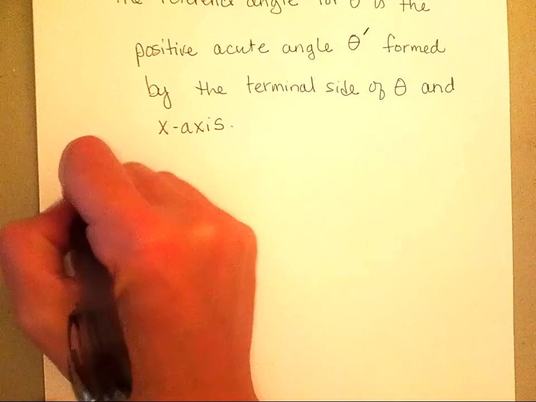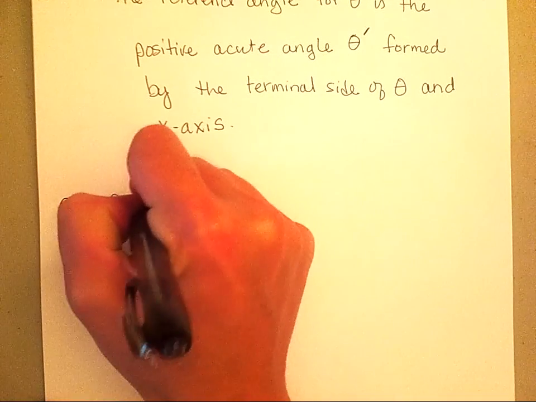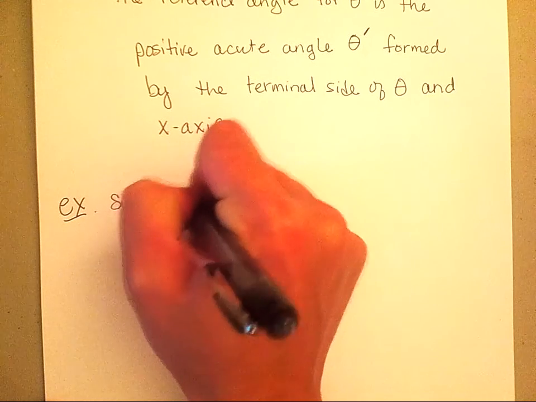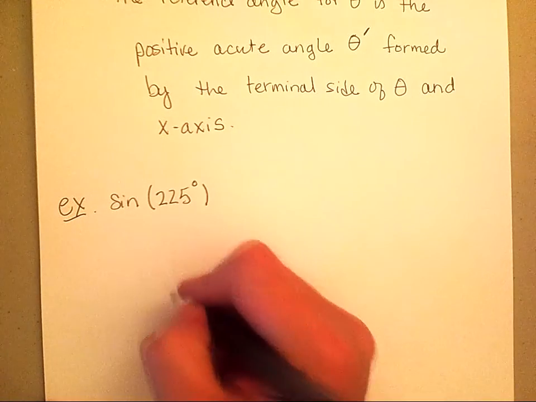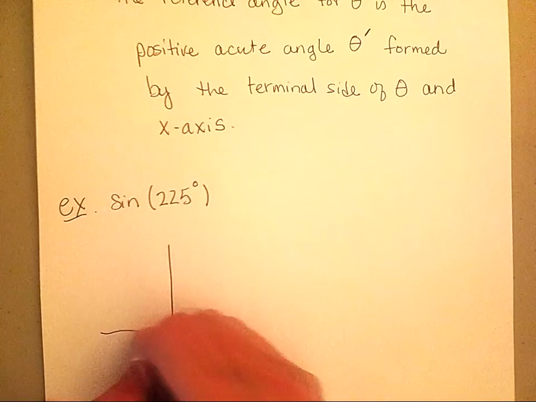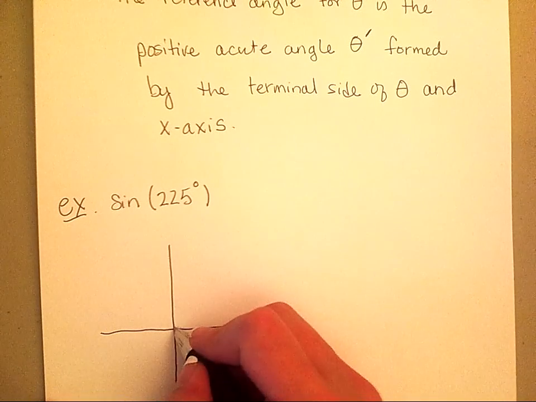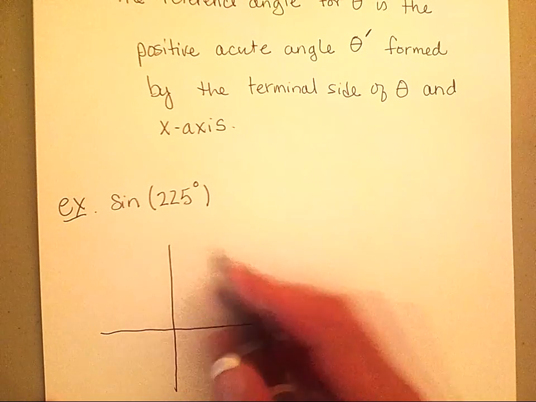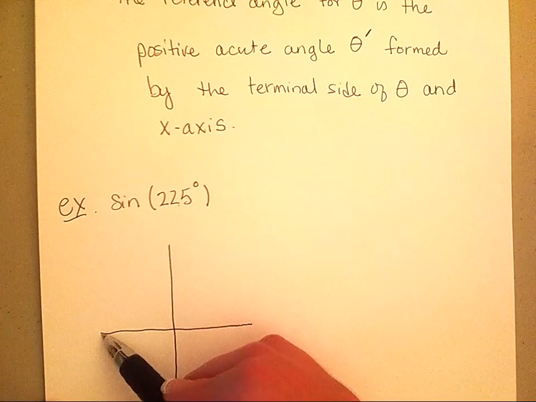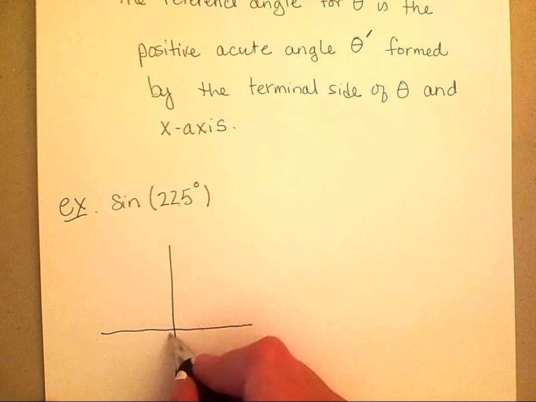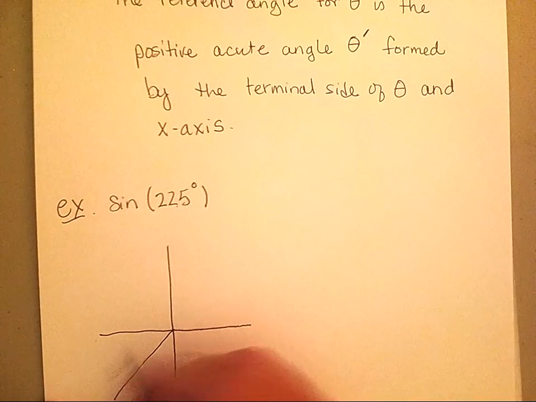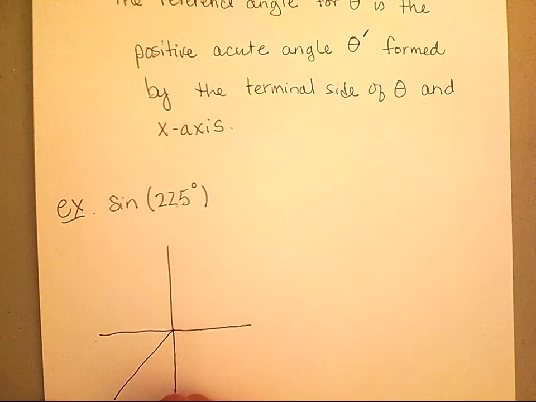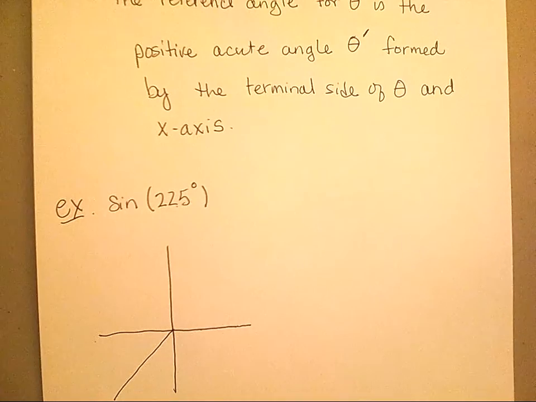Okay, so for example, let's find the sine of 225 degrees. We find out where our angle would be. 225 degrees is 180 plus another 45. So this is 225 degrees.